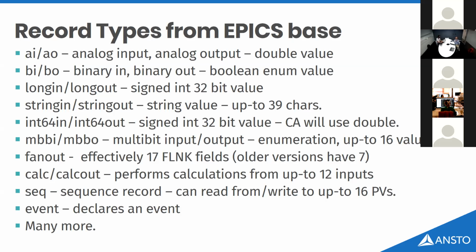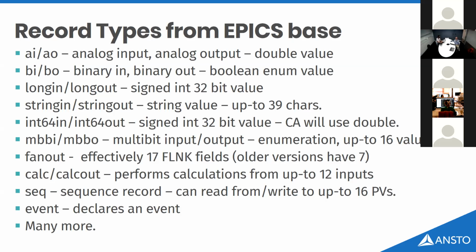We're not going to use the fan out, but a fan out is effectively a record that has 17 forward links, the F link and 16 others. Older versions of EPICS only have 7 links. That's semi-useful. We're talking about the calc and the calc out.